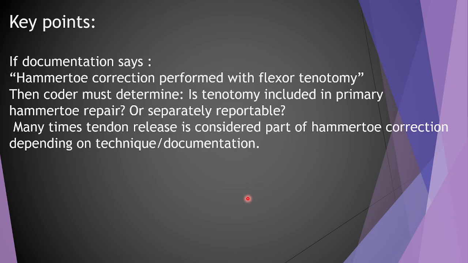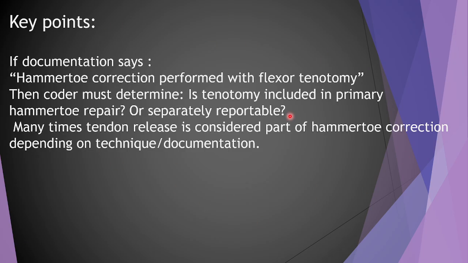Okay. Next, key point: we already discussed that if documentation says hammertoe correction performed with flexor tenotomy, then the coder must determine whether the tenotomy is included in the primary hammertoe repair or is separately reportable. Many times tendon release is considered a part of hammertoe correction depending upon the technique and documentation.